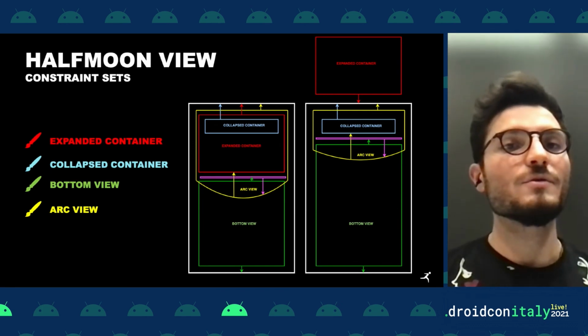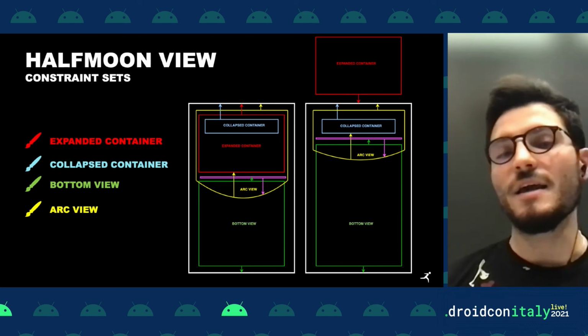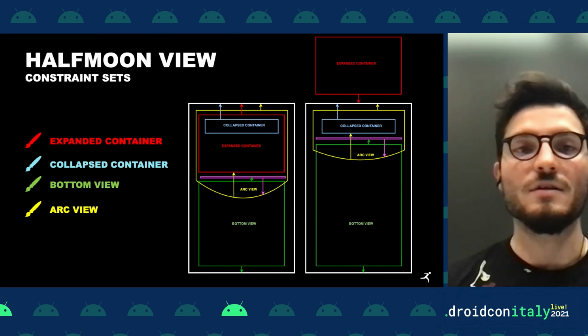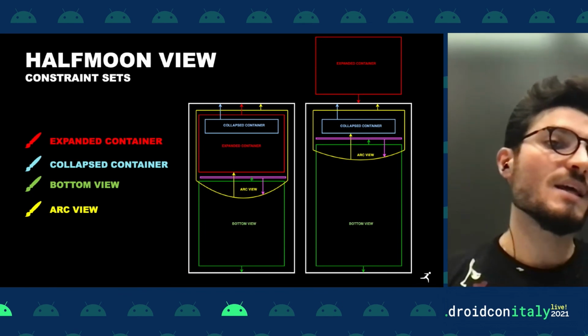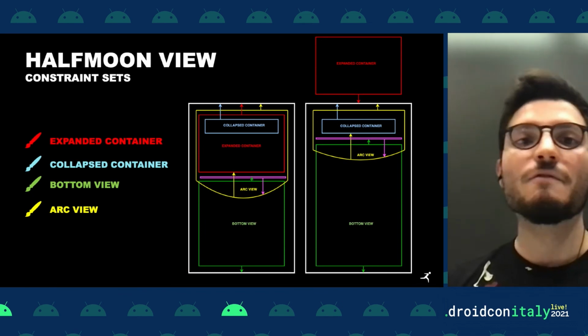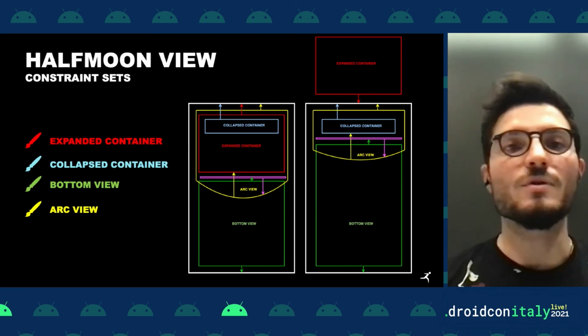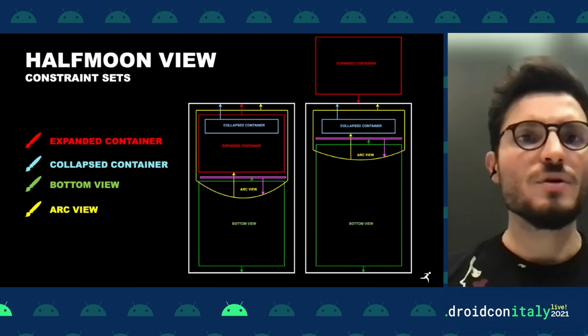There are some more views, but to be clear, I decided to keep just these 4 views in the drawing. So there is the expanded container, the collapsed container, the bottom view, and the arc view, that is the view that contains the background. In our case, it was a light blue background, but it can be whatever color or gradient we want. So there are actually many constraints.